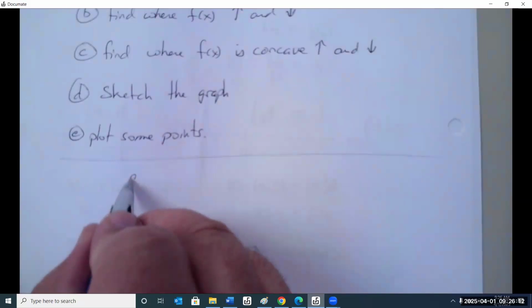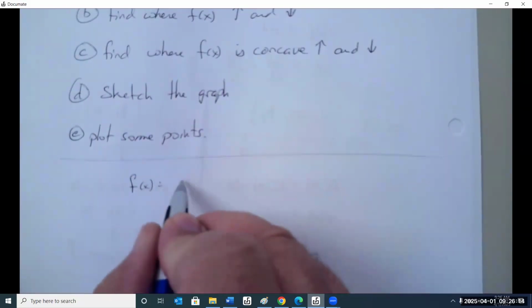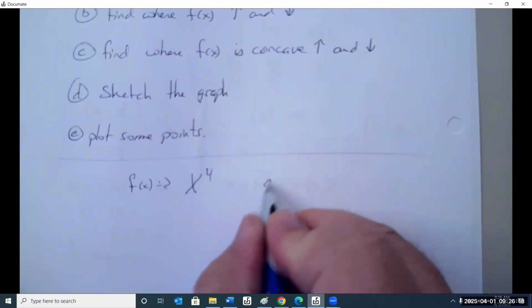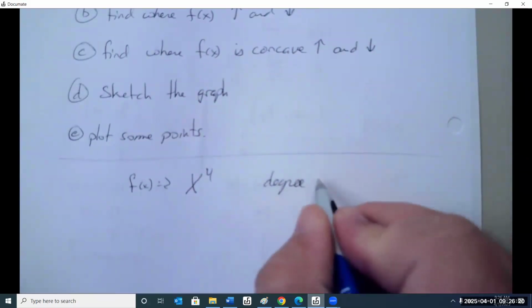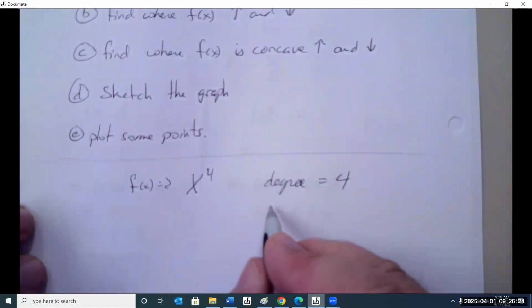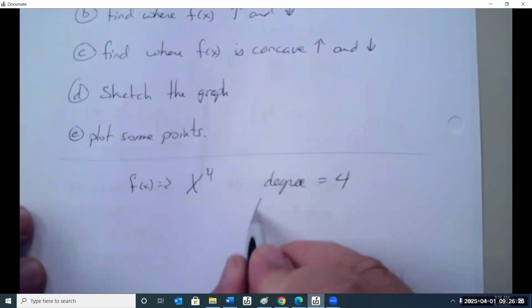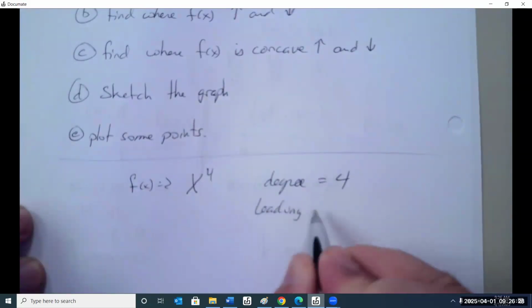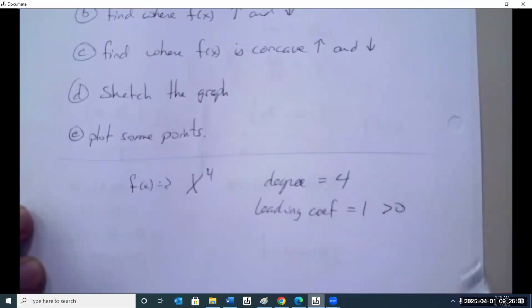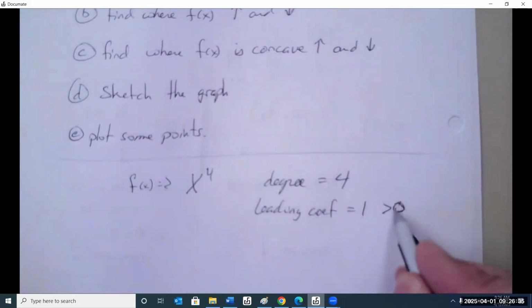Yes, so the leading coefficient, x fourth. The degree is 4. What does that tell us? And the leading coefficient is greater than 0. So what do both of these together tell us?